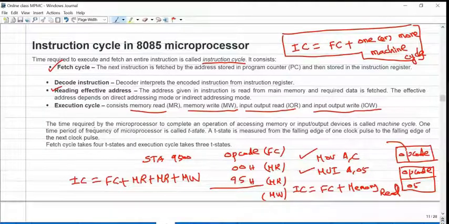The time required by the microprocessor to complete an operation of accessing memory, or writing data into the memory, or fetching the opcode from the memory, is called in general a machine cycle. One time period is called a T state: one off time plus one on time. This is one T state.